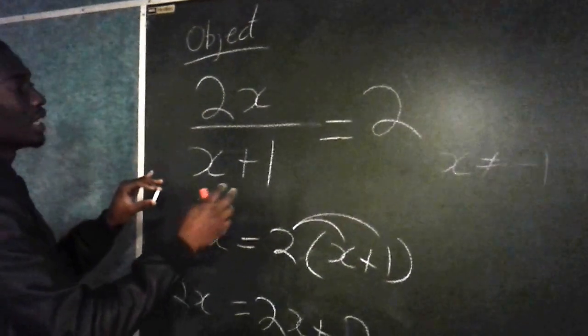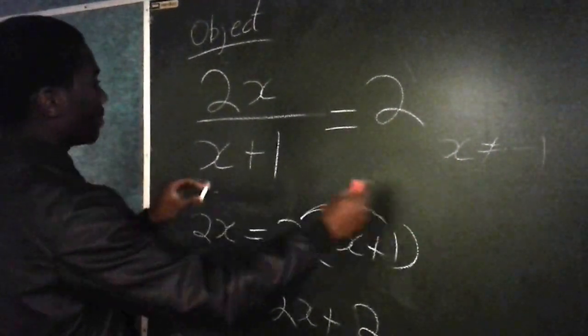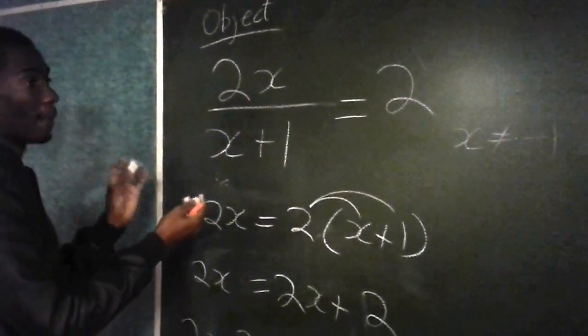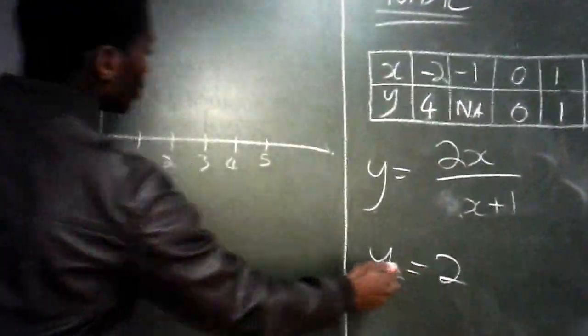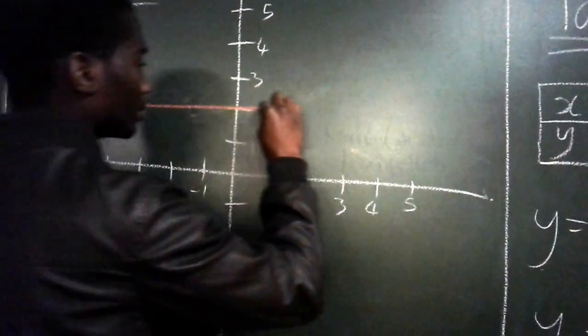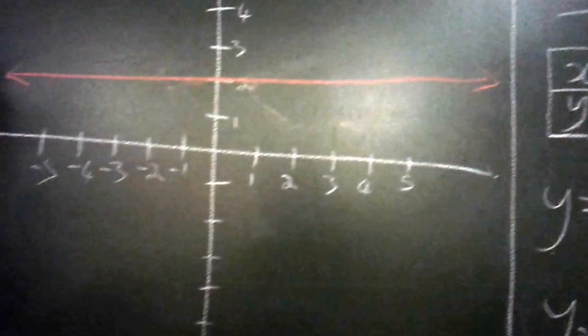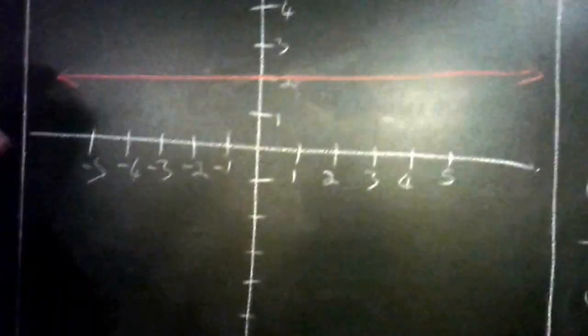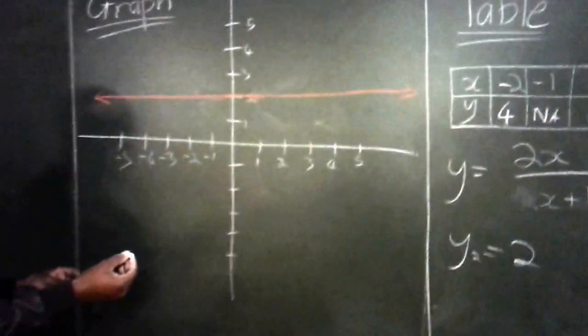So you can look at this as a straight line graph and look at this as a hyperbola. Let's draw this. We separate them, and this y equals 2. I'm going to put it like that, and it continues as my y equals 2.